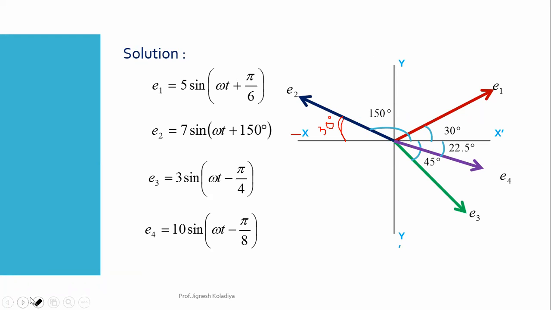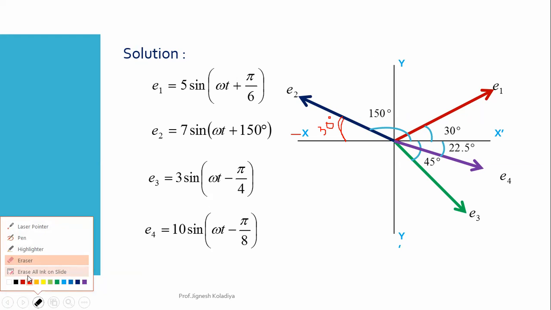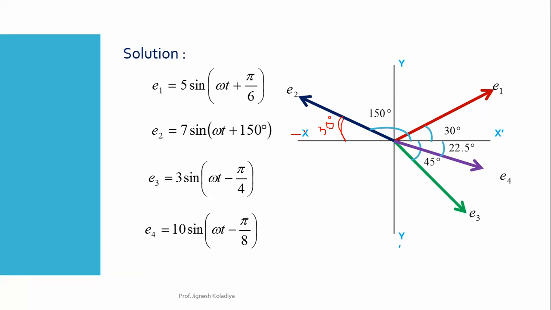So here you are getting a clear idea of taking the sign. This is minus x and this is minus y. This is plus y, and this is plus x. So what is x1, the x component of E1?